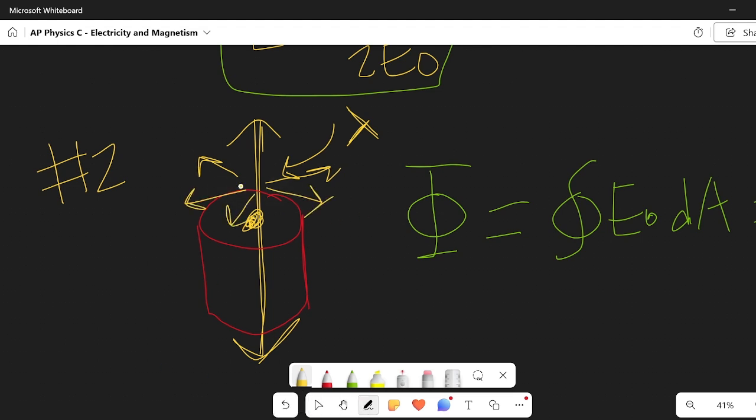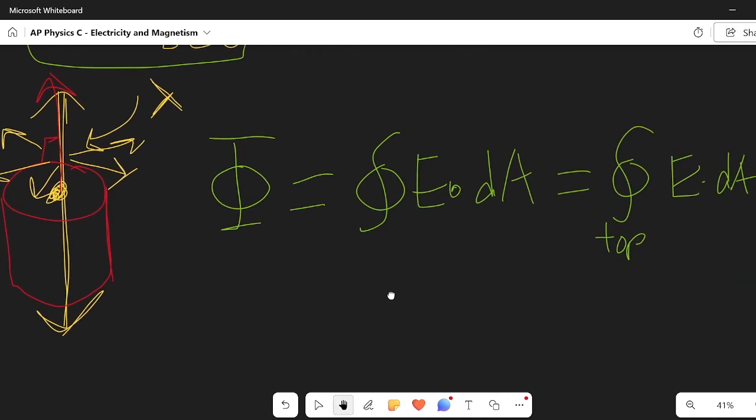The top and bottom are literally parallel to the bullets, so they're not going to get pierced by any of them. The area vector, like we defined earlier, is perpendicular to where the bullets are going. So the cosine 90 is just 0.